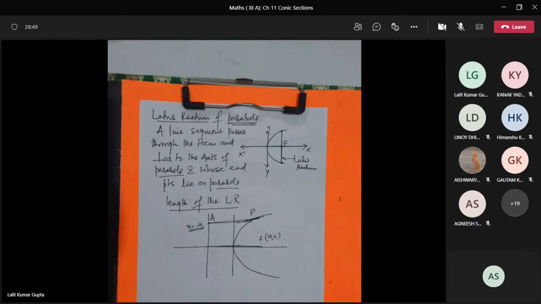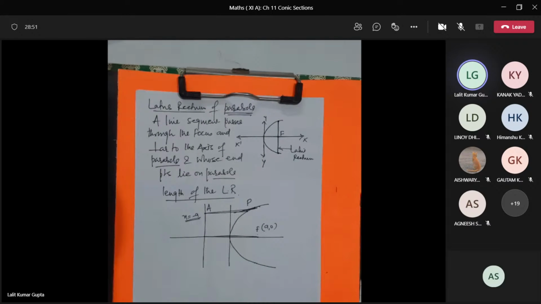Now see, beta, by the definition of the parabola, AF is equal to AC.